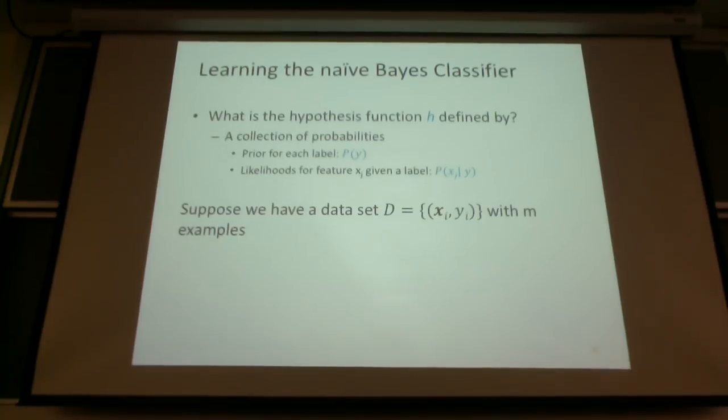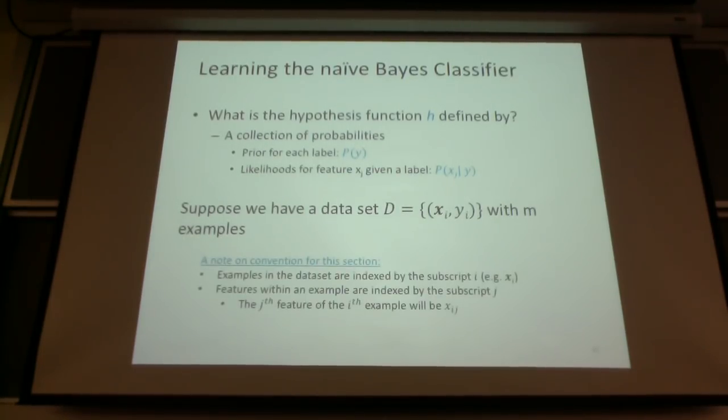Okay, so as I was giving you dire warnings about ugly notation, I even wrote it down. The convention that we're going to follow is we're going to use i to index over examples in the data set, and we're going to use j to index over features for each example. Now that I write it this way, my i's and j's look the same, so I should probably use i's and k's.